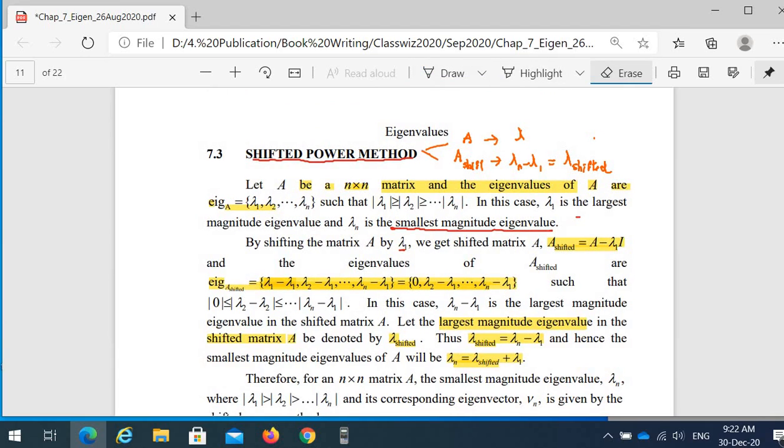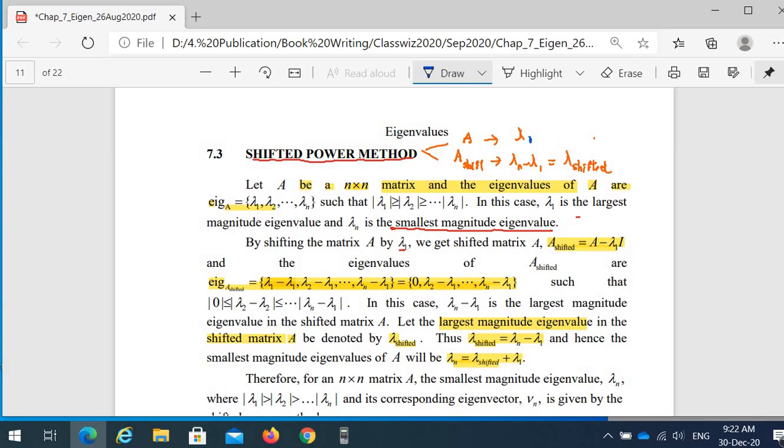Using the dominant eigenvalue of matrix A, what we obtain is actually lambda 1. Using the power method, you always get the dominant, the largest magnitude, so you get lambda 1. And then if we use the power method on A shifted, this is what we call the shifted power method, we will still get the maximum.